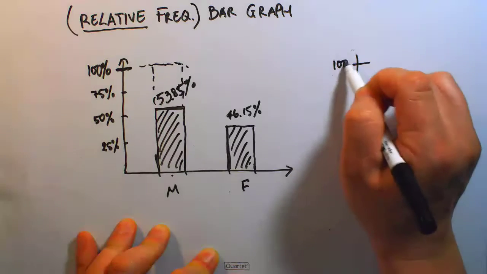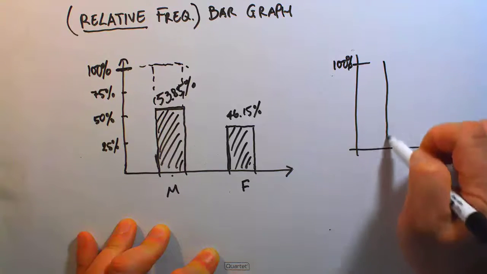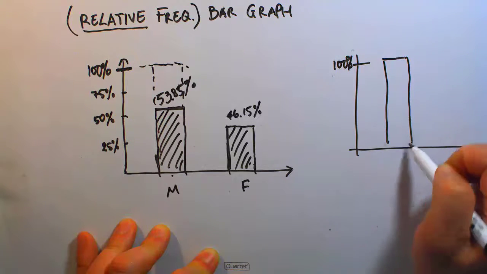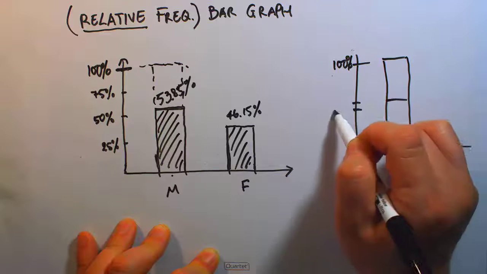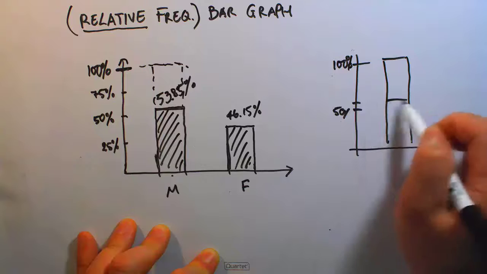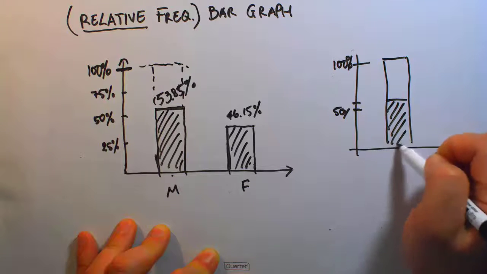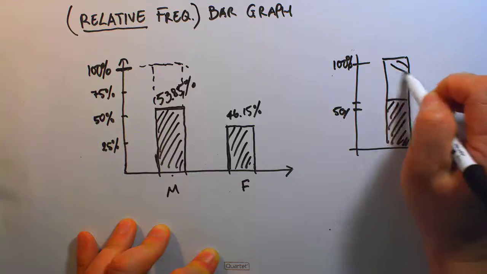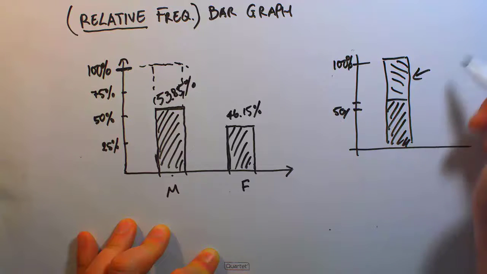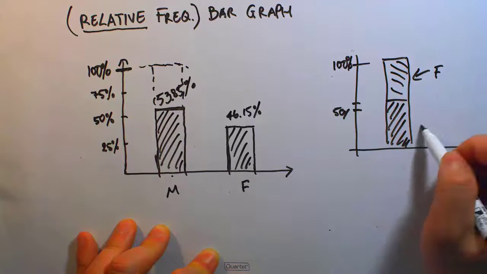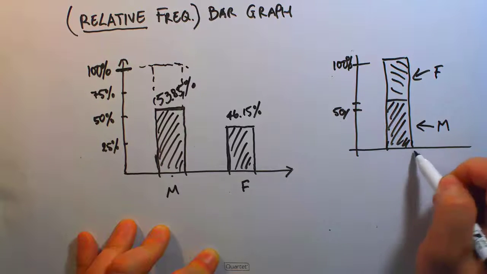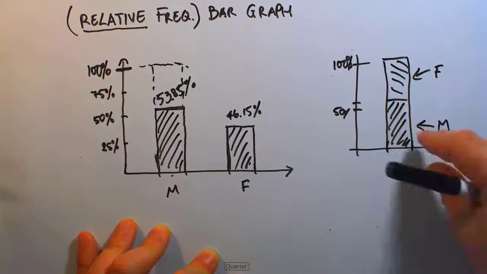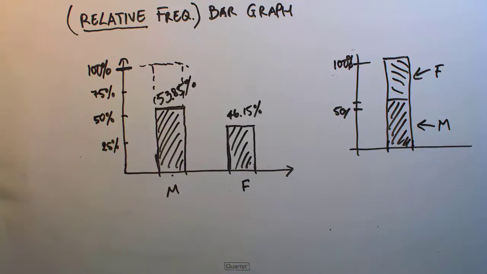We have 100% here, and then there's one bar only. Among the bars, about 50%, which is exactly halfway, and slightly up there is the male bar, and the rest in a different shading is the female bar, and this part down here is the male bar. You have quite a few different ways to be creative about this, but that is another perfectly fine relative frequency bar graph as well.